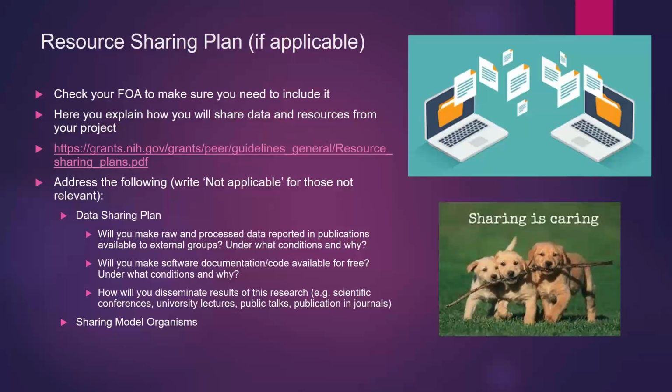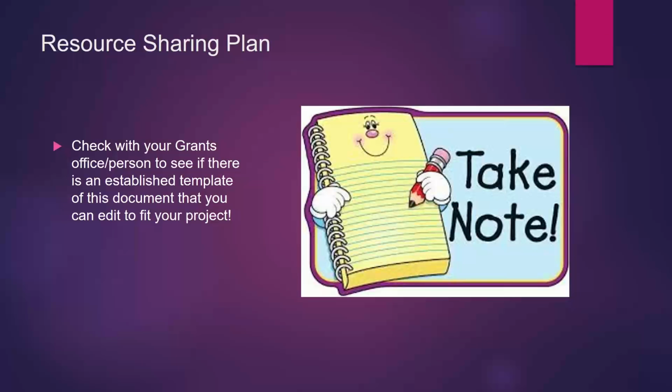And if relevant to you, sharing model organisms. If you're doing genome-wide association studies, how will you share this data and under what conditions and why? Again, check your grants office or person to see if there's a template that you can edit for your project.